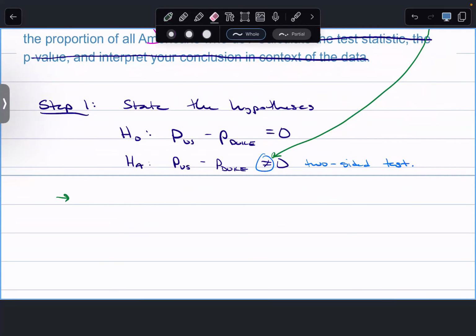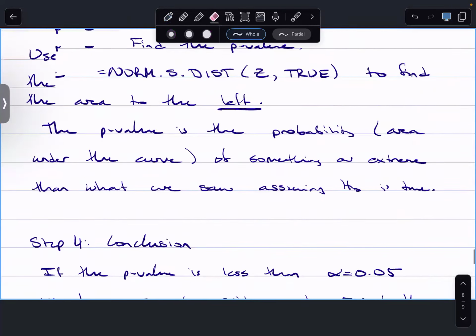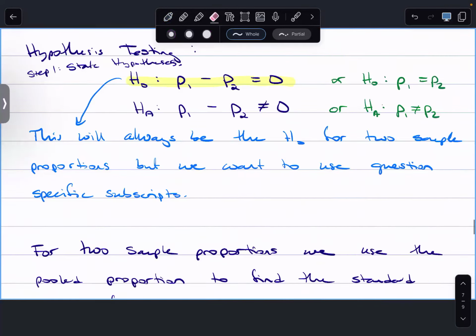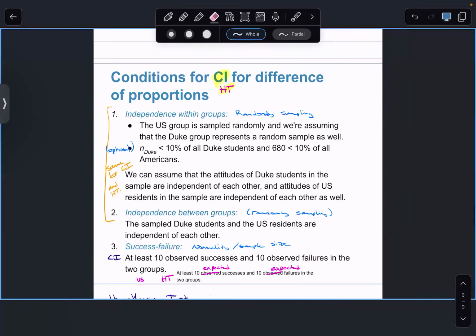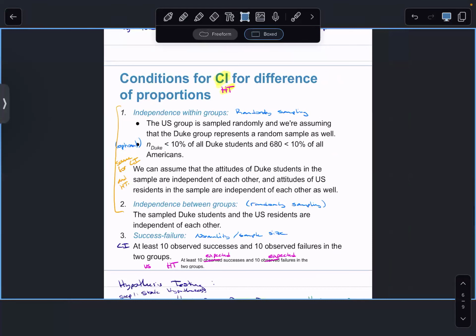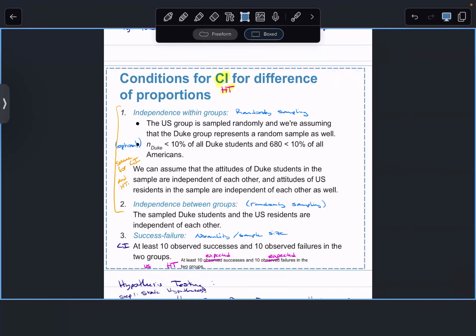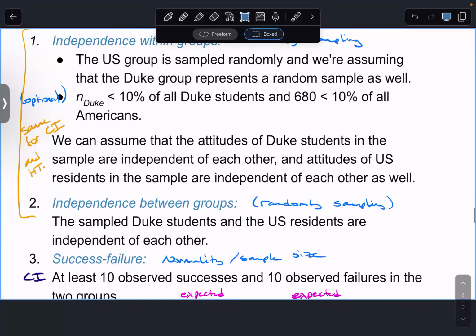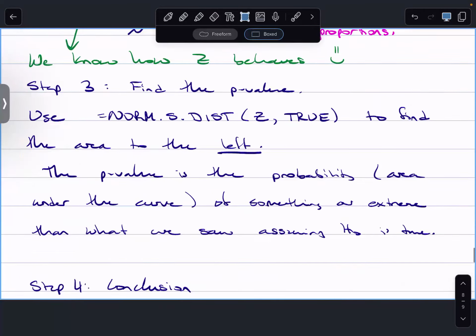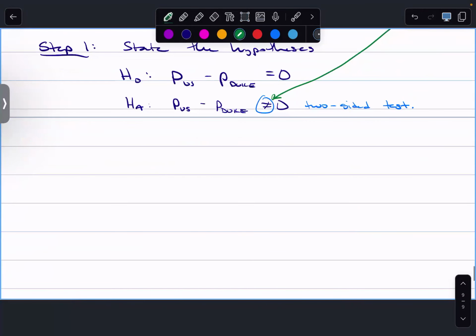Well, we have, but I haven't shown you how to calculate it. Check the conditions.